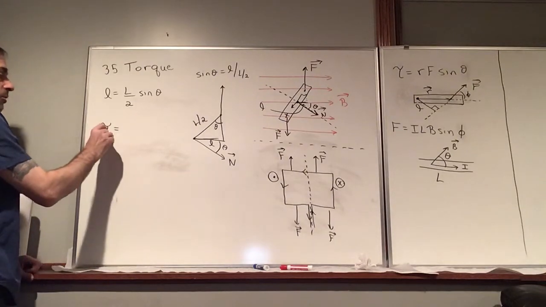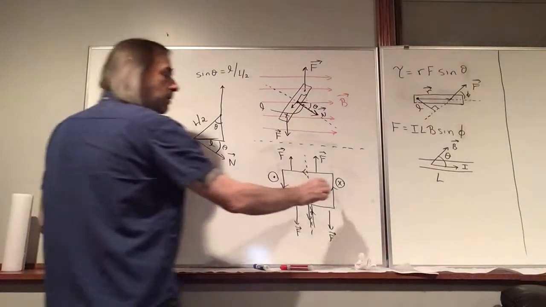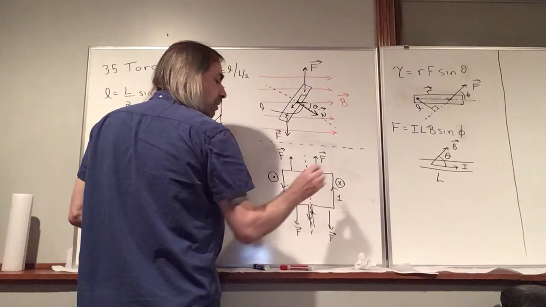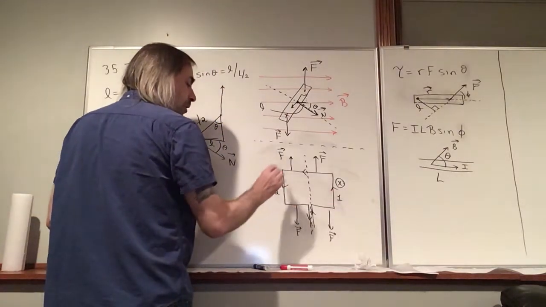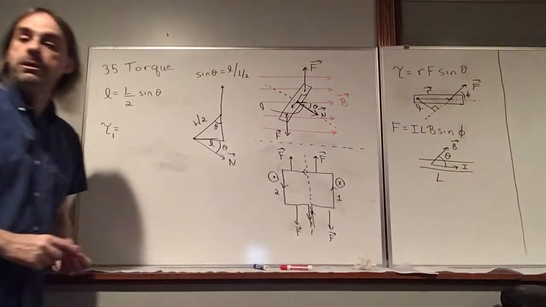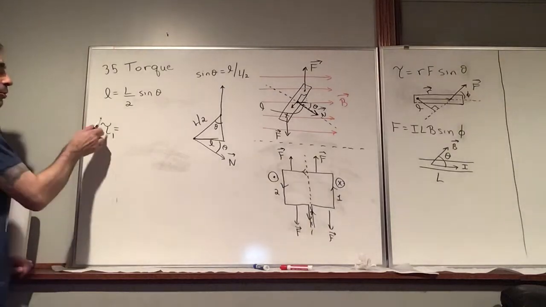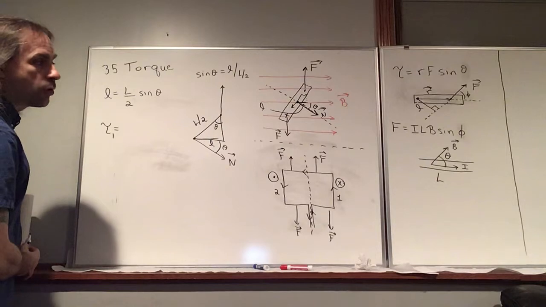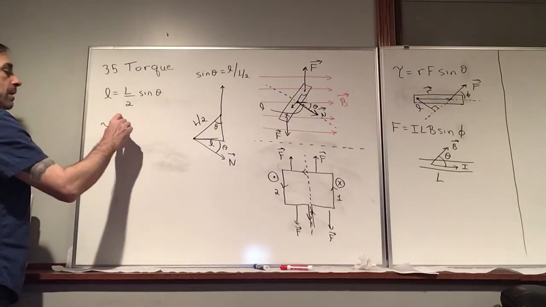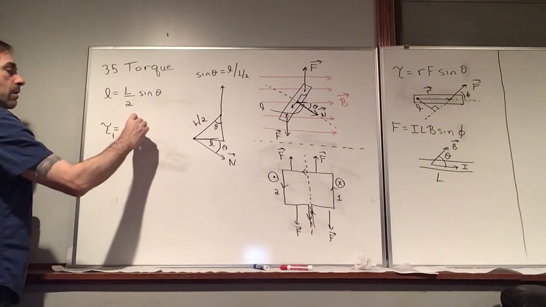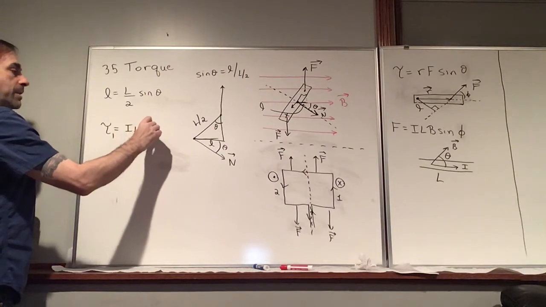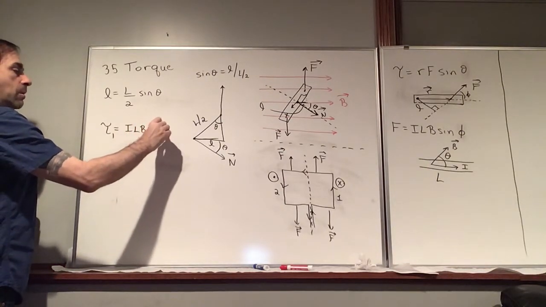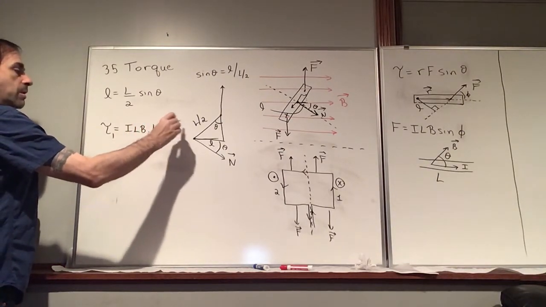So let's call this torque 1. And we'll say this is wire 1. We'll call that wire 2. We don't care about the other ones. So the torque due to this first wire is just the force times the lever arm. So we have ILB times L over 2 sine of theta.